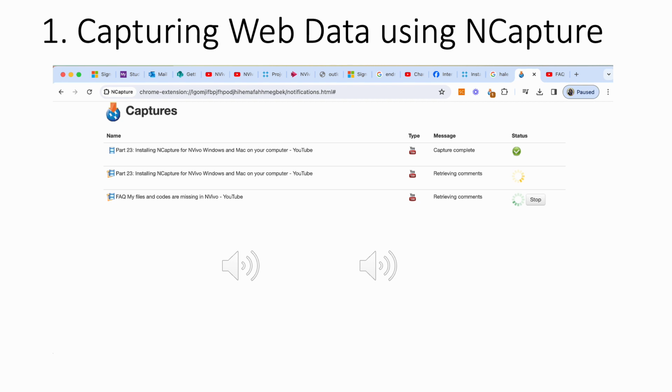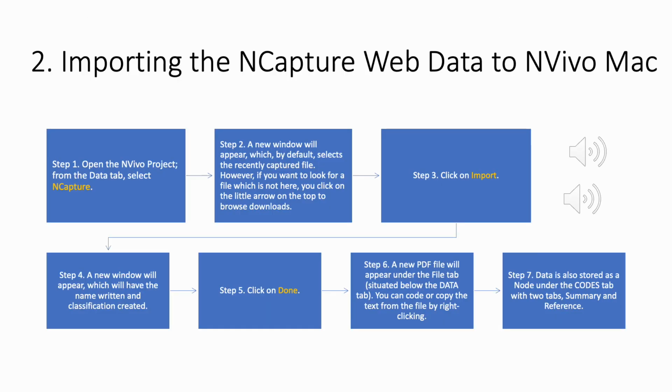Once the status of your capture is green, this means you have successfully downloaded the web data to your computer and it's ready for import. These are the 7 steps which, if you follow, you would be able to import and capture data from your download folder to your NVivo project.